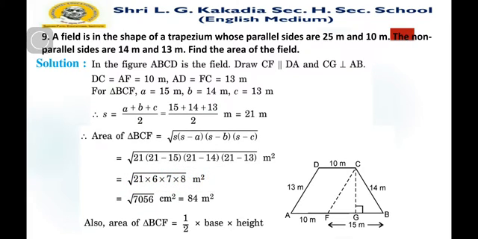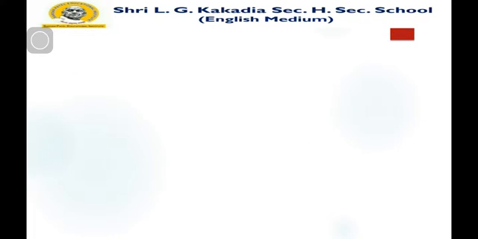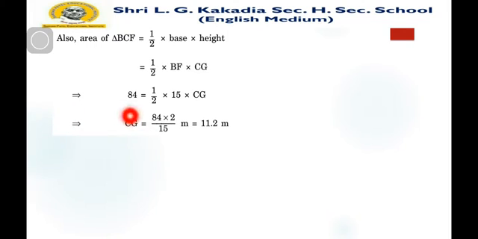Now, as we know, the area of triangle BCF is equal to half into base into height. Why do we use this formula? We want to find its height, because it is also the height of this trapezium. So we can easily find the area of this trapezium. So the area of triangle BCF is half of base into height, that is half BF into CG.